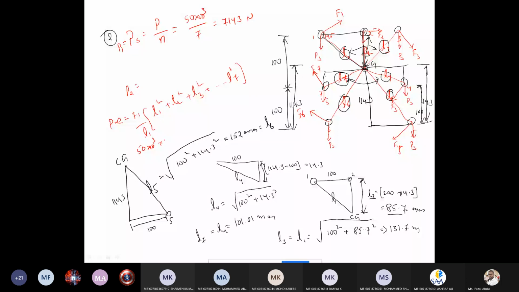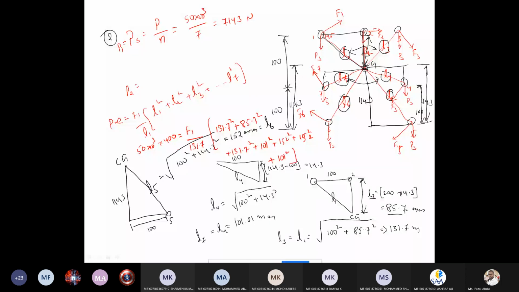L1, just now we calculated, how much? 131.7 into 131.7 square plus L2, 85.7 square, plus L3, again 131.7 square, L4 value 101 square, L5 152 square, L6 also the same as L5, that is 152 square. L7 is 101 square.